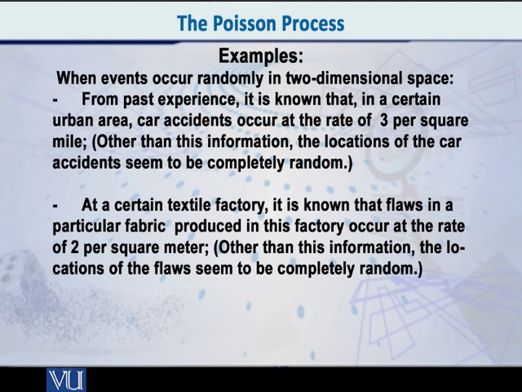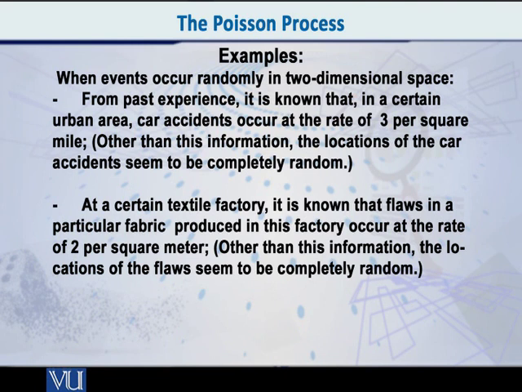Okay. From past experience, suppose that it is known that in a certain urban area, car accidents occur at the rate of 3 per square mile. 3 accidents per square mile is the average occurrence, and we can say that that's the rate.